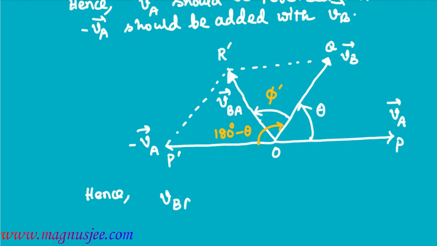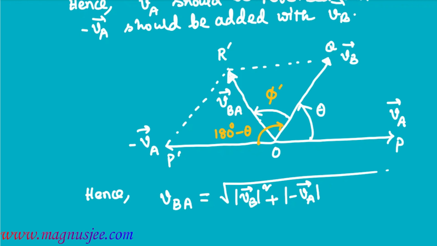Hence, mod vector VBA, or VBA, is equal to root over mod vector VB square plus mod minus vector VA square plus 2 mod vector VB mod minus vector VA cos 180 degree minus theta.